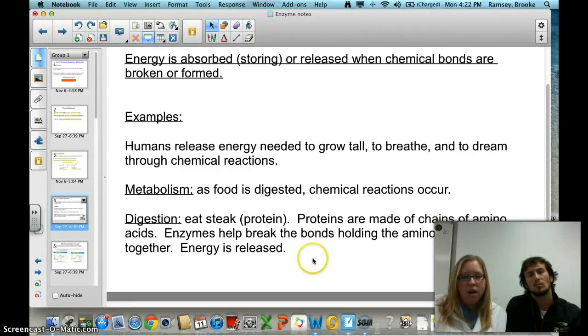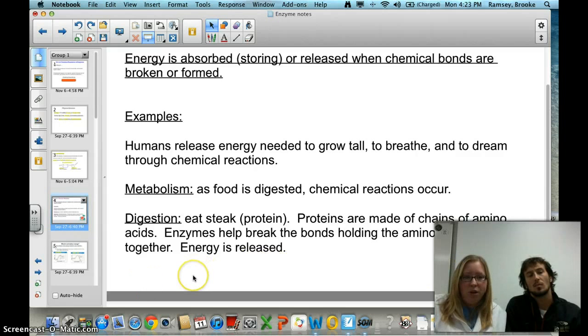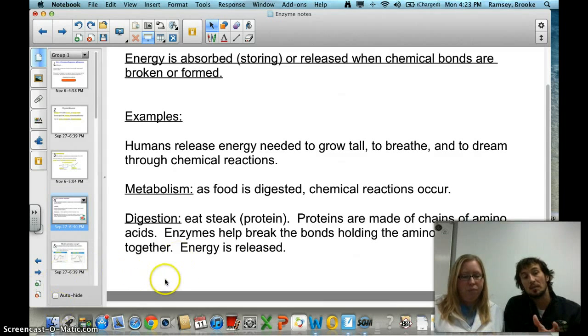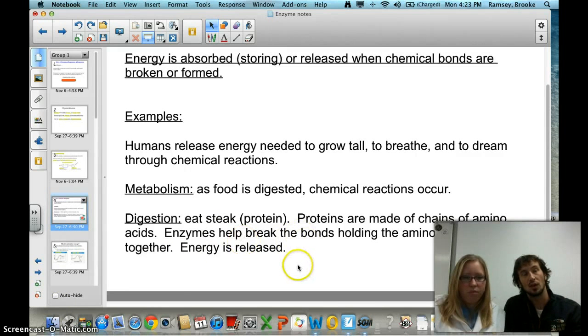They break down into amino acids, and so this energy is released from the breaking down of foods, from these chemical reactions, breaking bonds and releasing that energy. So remember, monomers are built into polymers, usually as a way to store energy. So glucose is built into a starch, and then when you need to access that energy, you break the bonds in starch back down into glucose, and in so doing, you're releasing the energy held in those bonds.